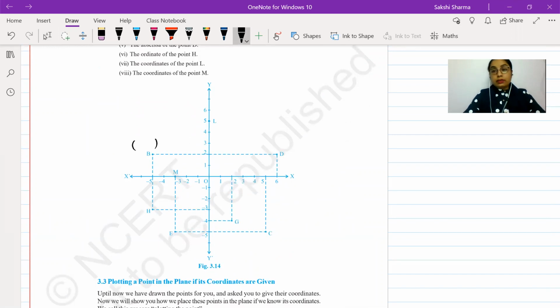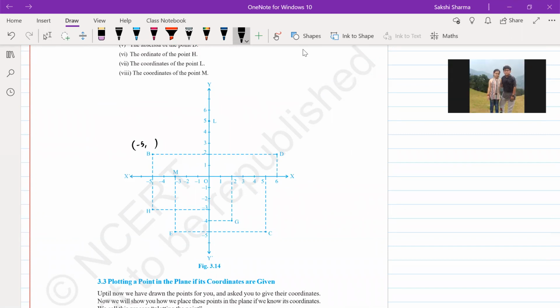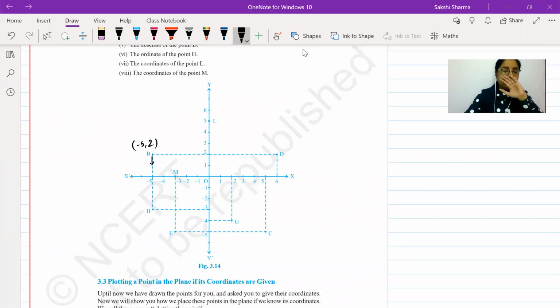Writing down its coordinates, first we take the reading from the x-axis and then we take the reading from the y-axis. So its coordinates are -5 and 2. So -5 from the x-axis, and you can take a look at the value on the y-axis. It's 2. So -5, 2.